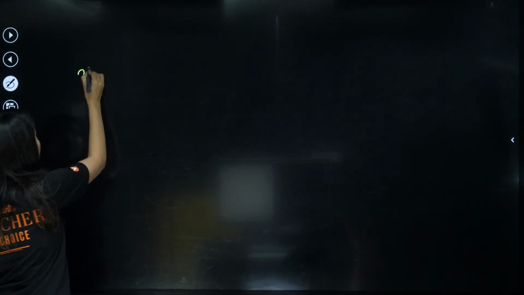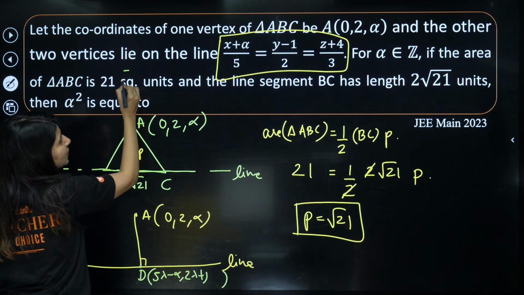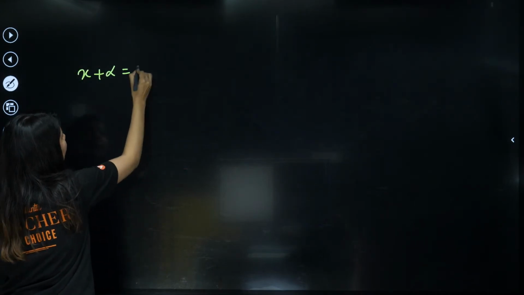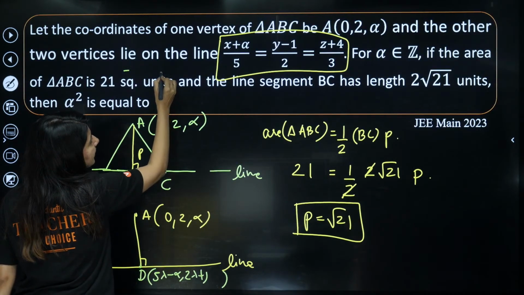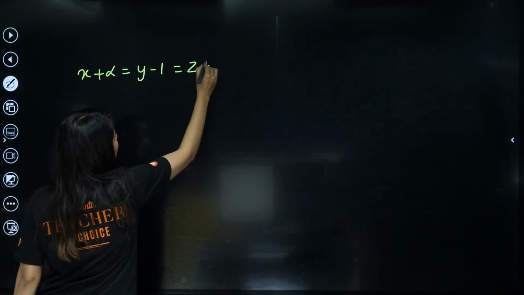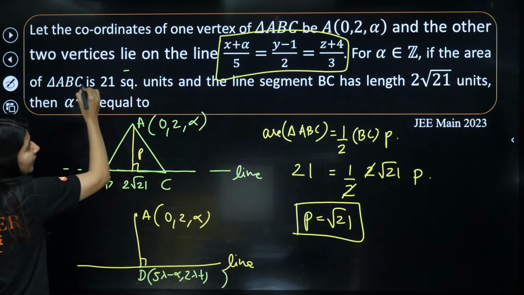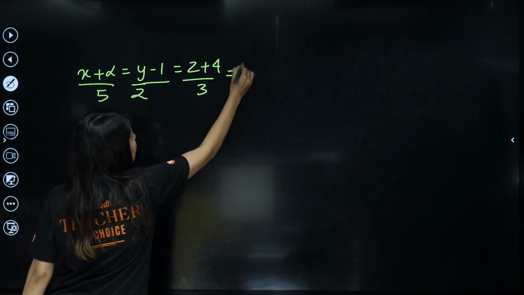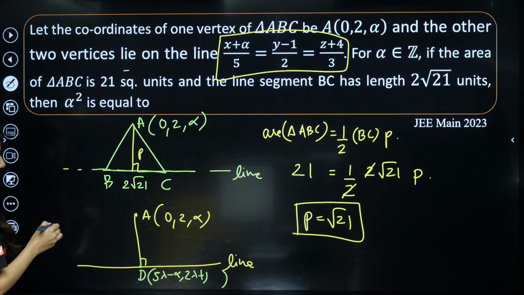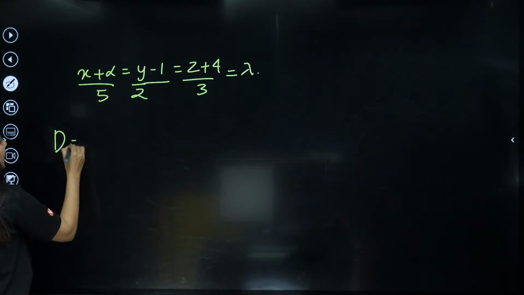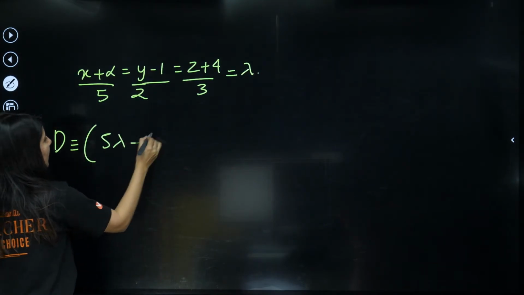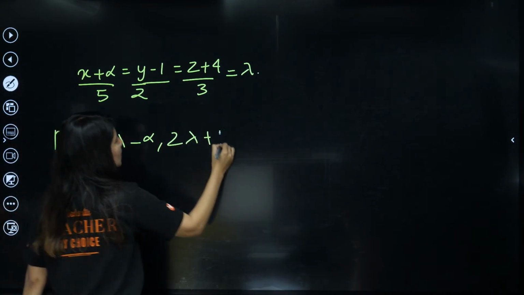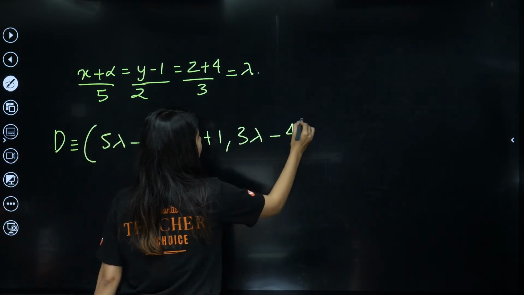X plus alpha by 5 is equals to y minus 1 by 2 is equals to z plus 4 by 3, which is lambda. I am assuming the coordinates of D, right? So coordinates of D would be 5 lambda minus alpha, 2 lambda plus 1, 3 lambda minus 4.